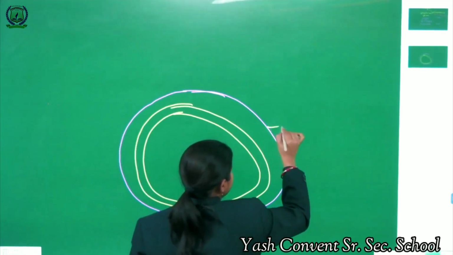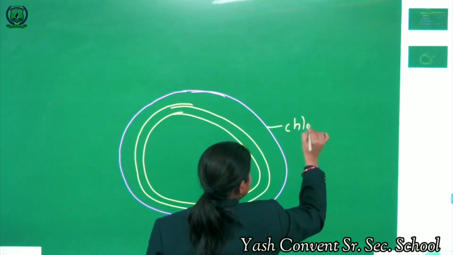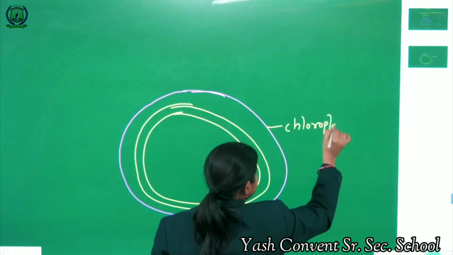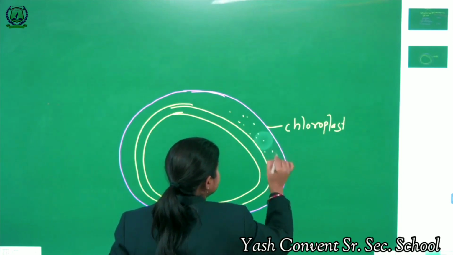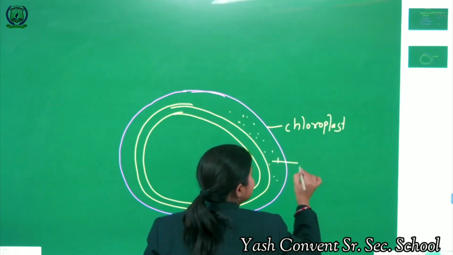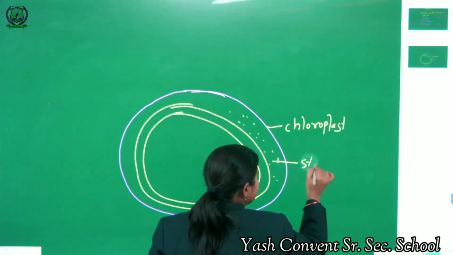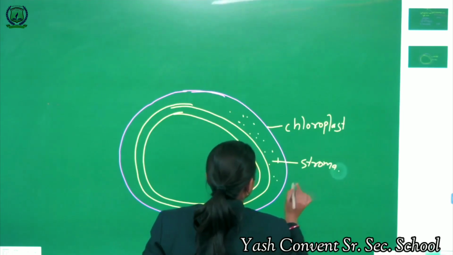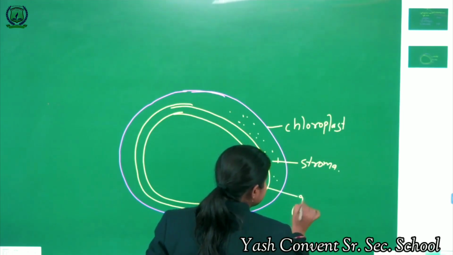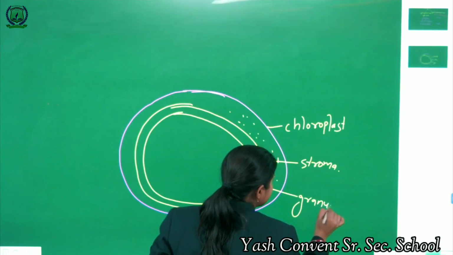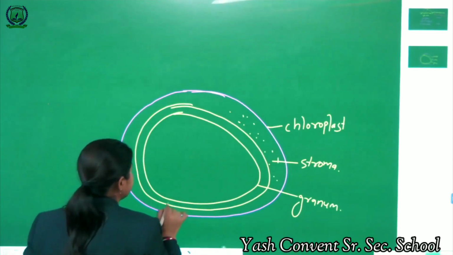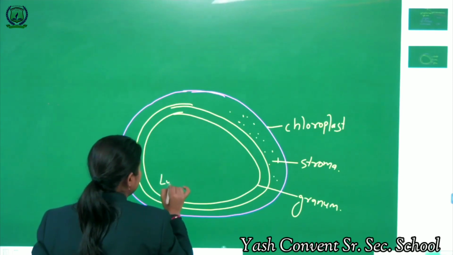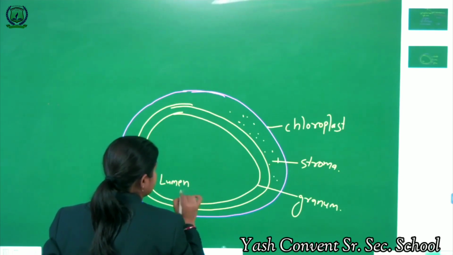This is the chloroplast, and the viscous liquid is called stroma, and this is the granum, and inside the granum is called the lumen of thylakoid.